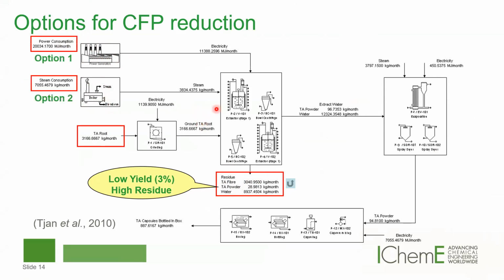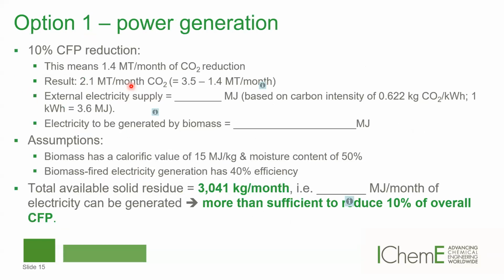Yan. So we can use the biomass waste right here na ang laki-laki kasi nga 3% lang yung Tongkat Ali product. Okay, for either firing our power consumption or steam consumption. So let's look at option 1, which is power generation or electricity generation.